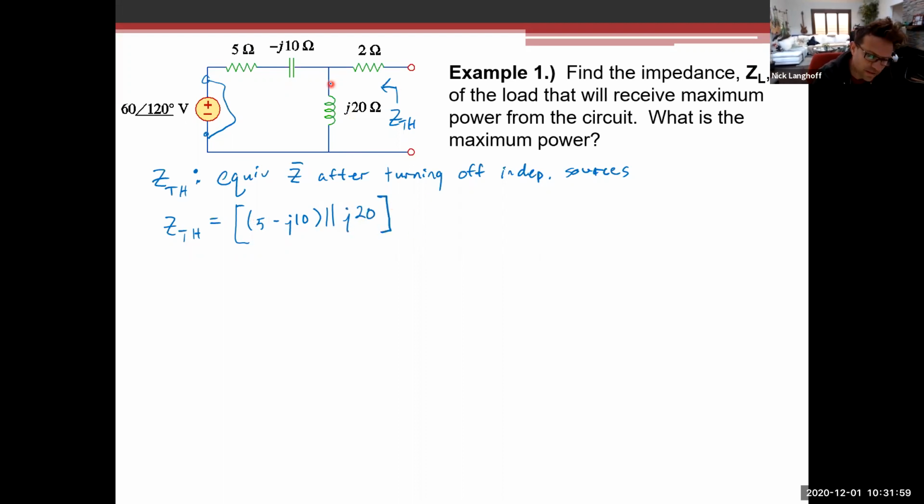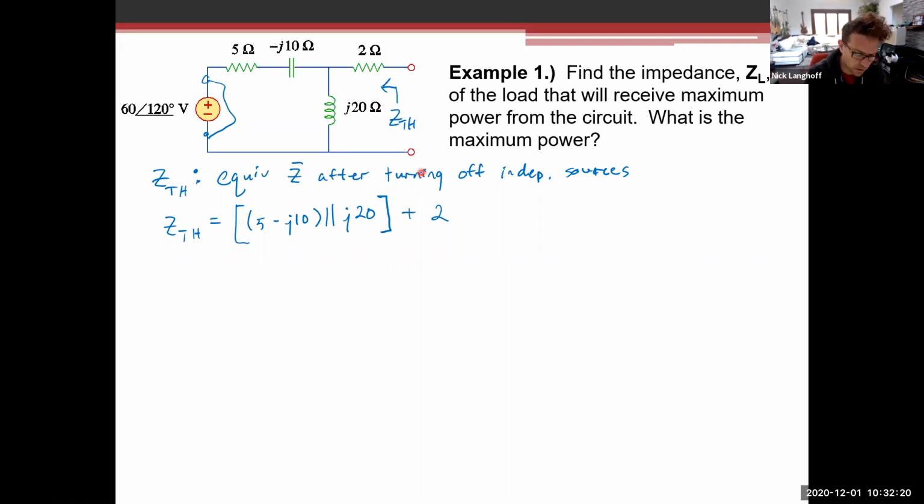And then that's in series with the 2 ohm resistor right there. After you short this voltage source, the 5 minus j10 combo is in parallel with the j20, and then that whole combination is in series with the 2 ohm.